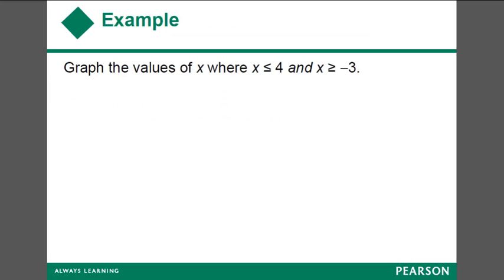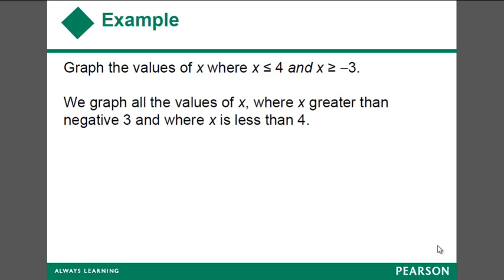Graph the values where x is less than or equal to 4 and x is greater than or equal to -3. So this means anywhere where it satisfies both x less than or equal to 4 and x greater than or equal to -3. We want to graph these values in between.